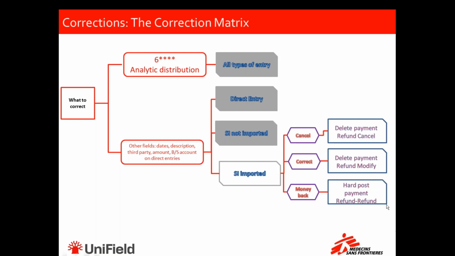You have to do your hard post entry and you do refund. This refund then has to be edited to be equal to the amount of the payment you will receive from the supplier. Let's say your invoice is 100,000, but they will give you back 30,000. Then you edit the refund to be 30,000.